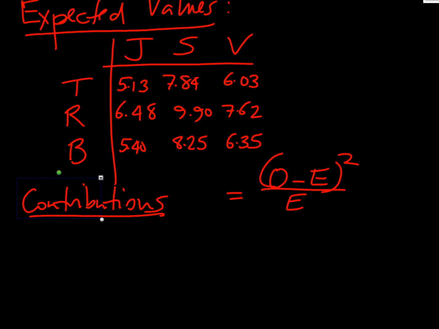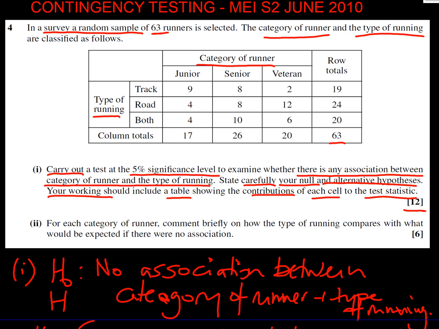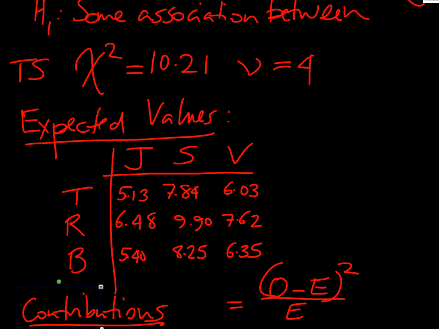Okay, well, we've got our expected values and we've got our observed on the other page. So if I do the first one just so we can all see what we're doing, the observed value was 9, top left.